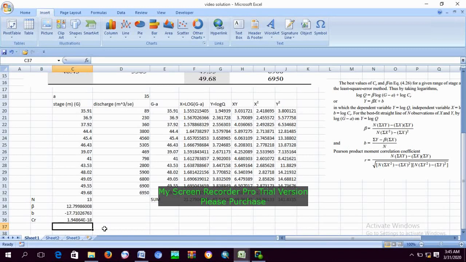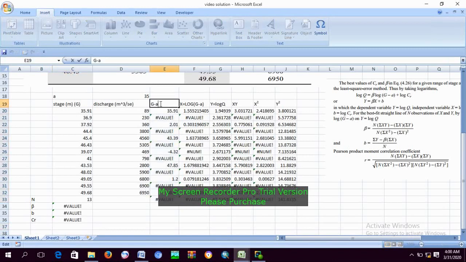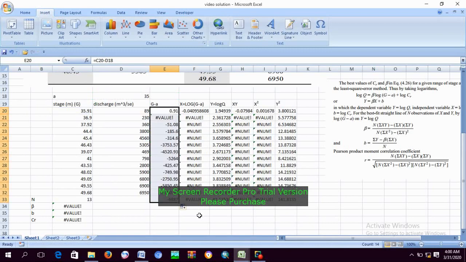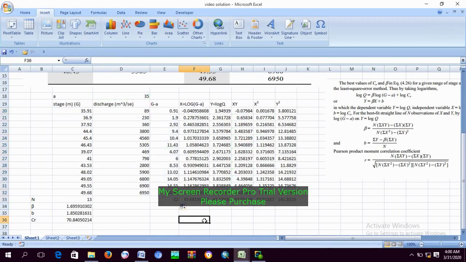I think there is a mistake. We cannot adjust this value, so we use this value and adjust. Yes, it is good.